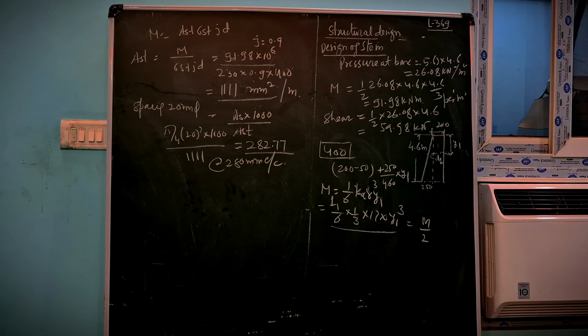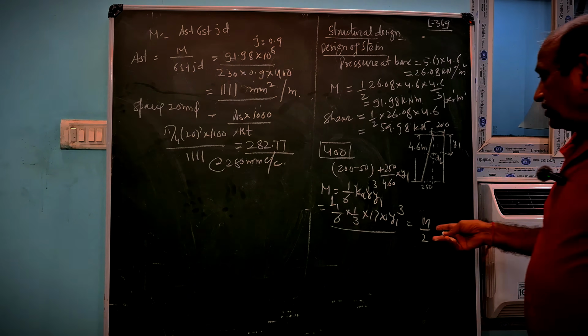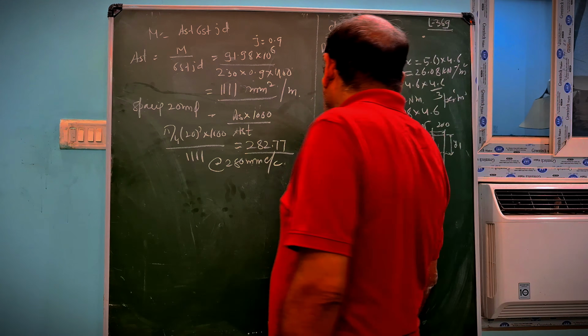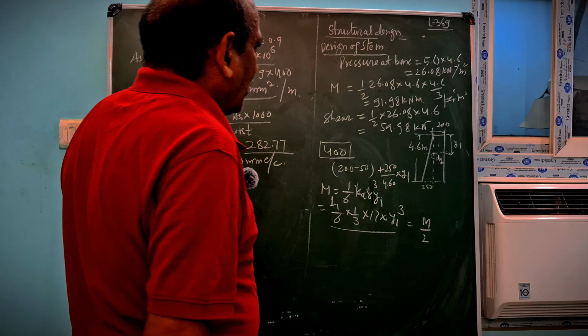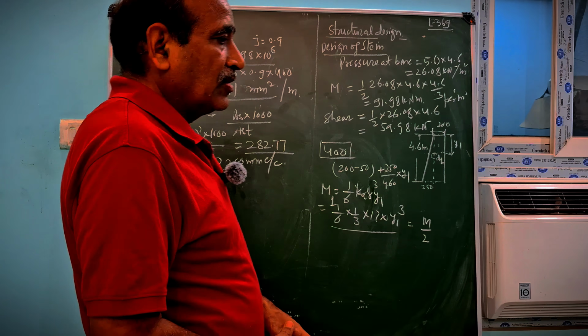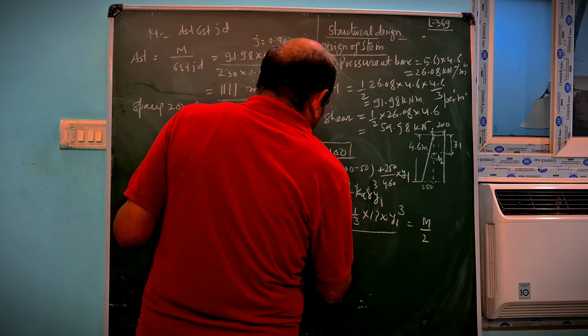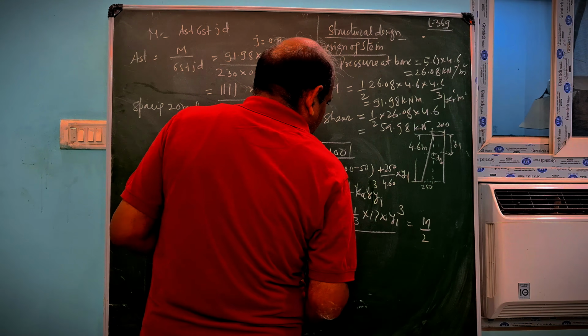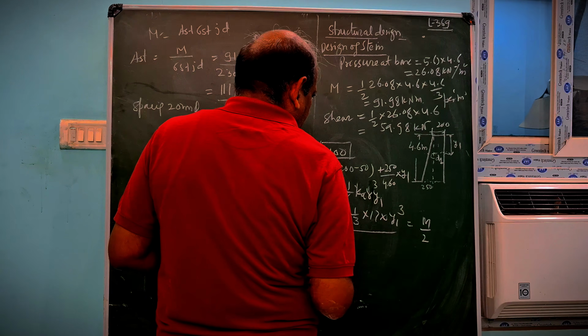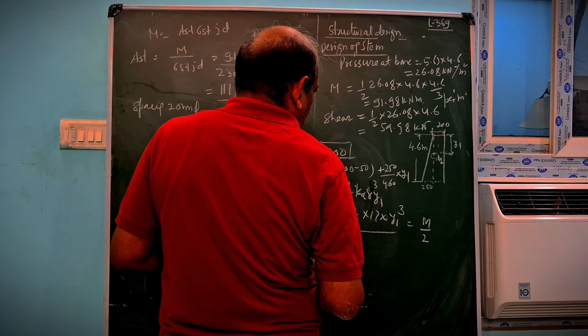This is AST. So this can be calculated by putting this equal to M by 2. We'll get some value of y1. We can calculate the value of y1.